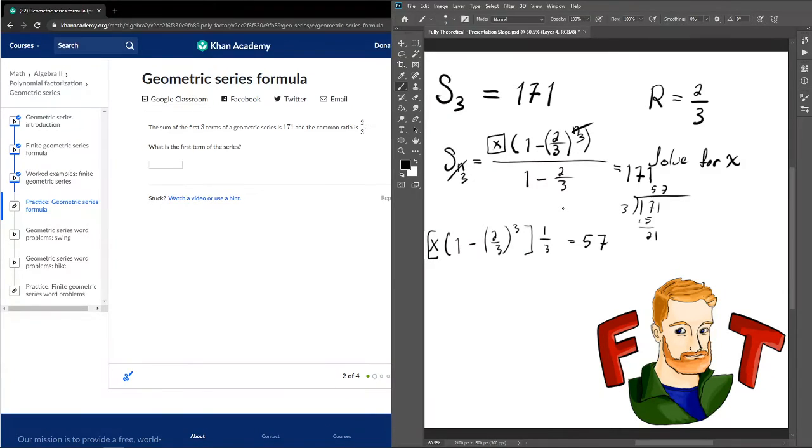See, but now if we divide by 1/3, it would go away, right? Math is confusing. So what I forgot to do is, I only multiplied part of this by 1/3. That's what I did wrong. If I had multiplied this by 3, that would have gotten rid of it. So instead of 57, man, I'm doing everything wrong today.